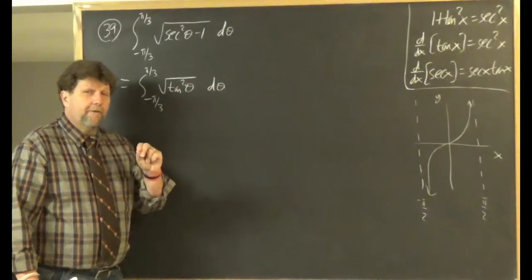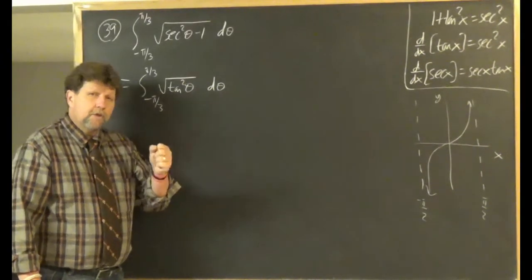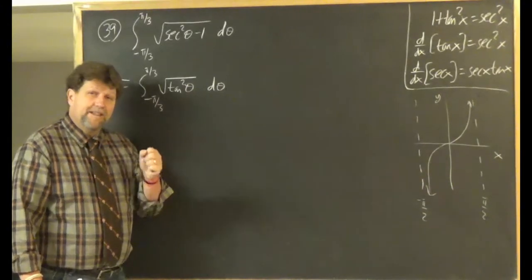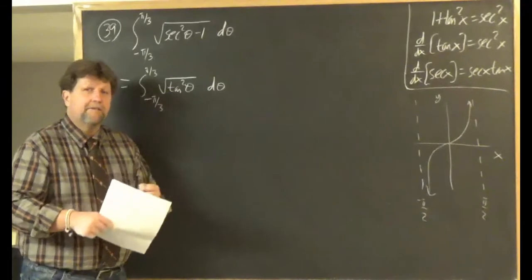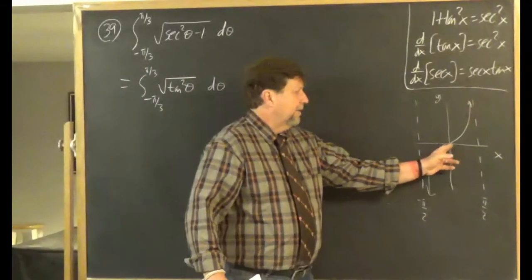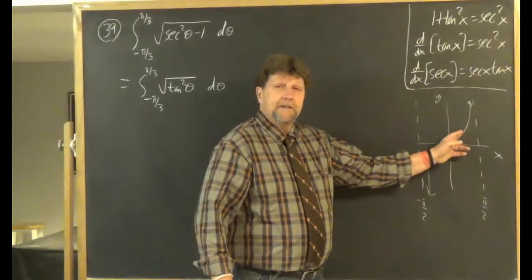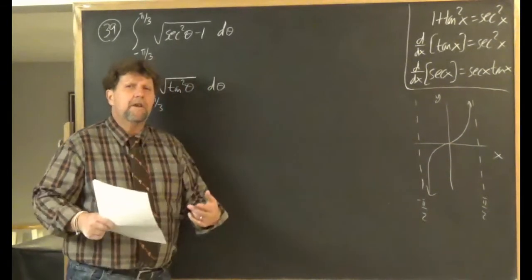On the interval 0 to pi over 3, the square root of tangent squared does equal tangent theta, because tangent is positive, so we're going to get positive results.